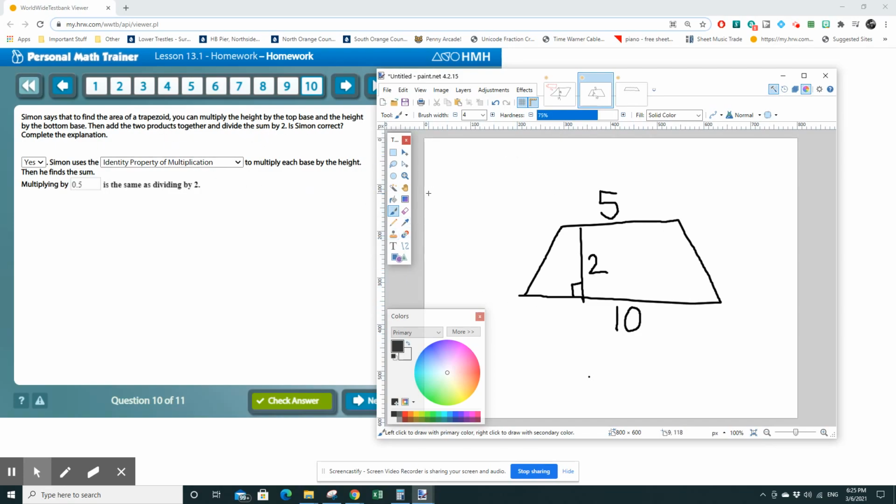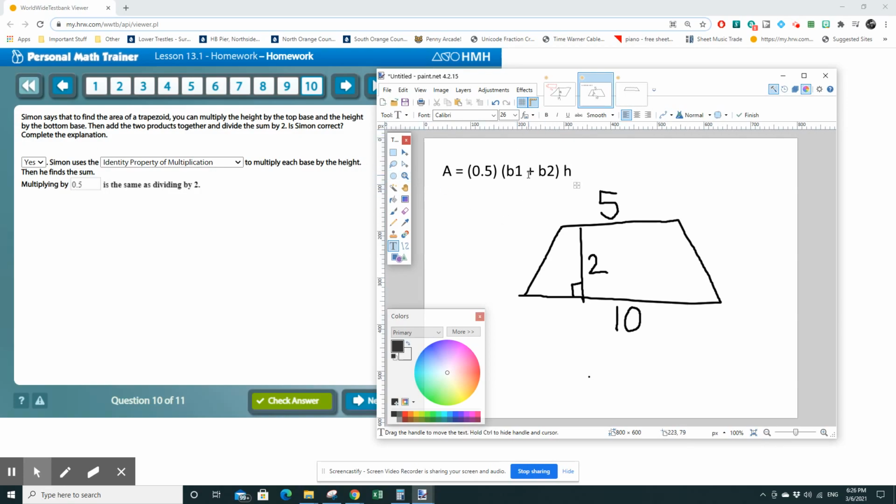Is Simon correct? So typically, area of a trapezoid, let's make that a little bit bigger. Area of a trapezoid is A equals 1/2, so 0.5, times the height, times base 1, big base 1, plus B2, times the height.